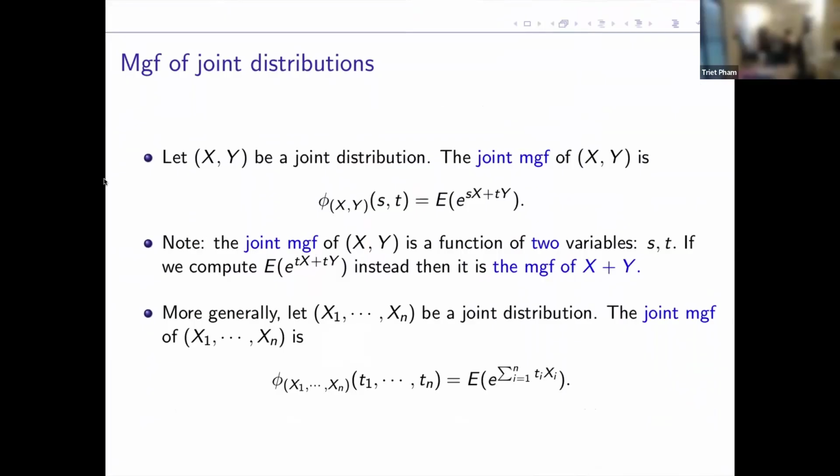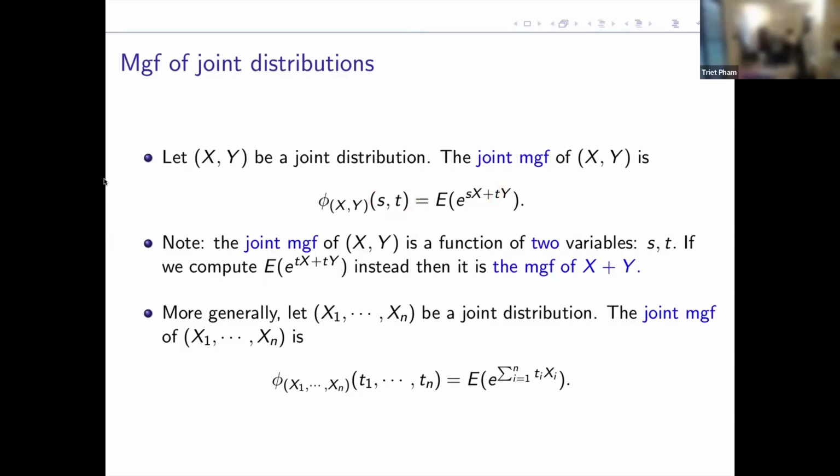Before, t was a scalar, but now you have to use a vector, namely two scalars. You can call it t1, t2, or you can call it s and t. In other words, each variable has its own scalar. X has s and Y has t.